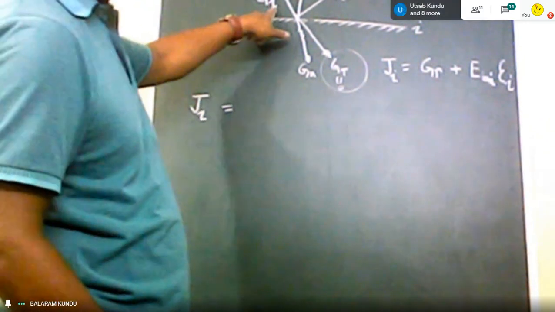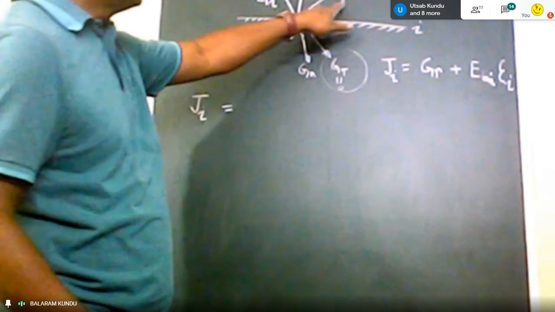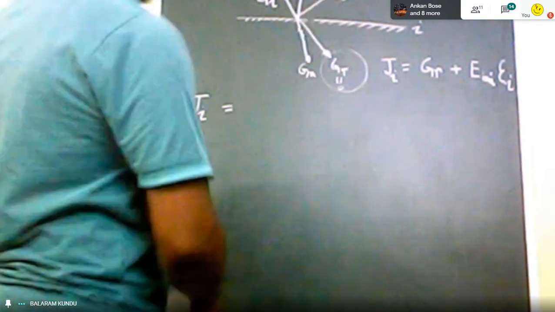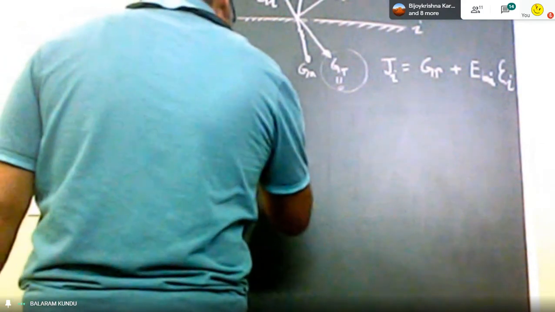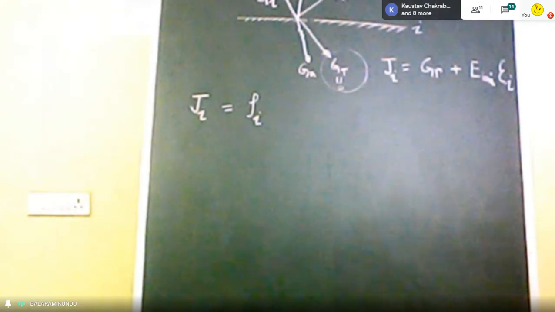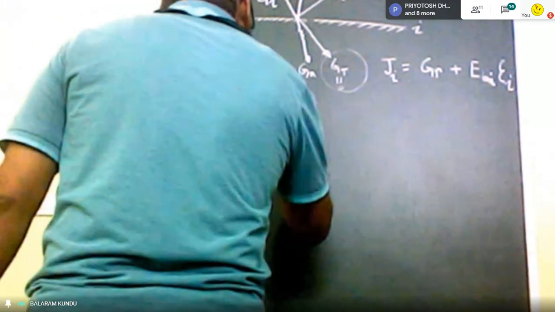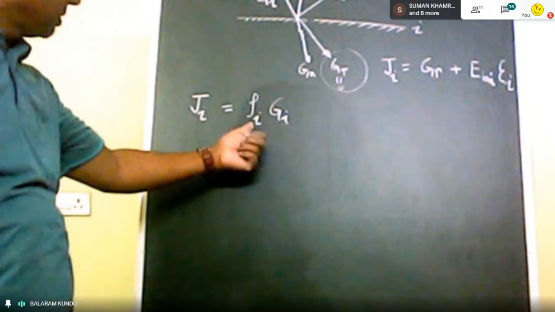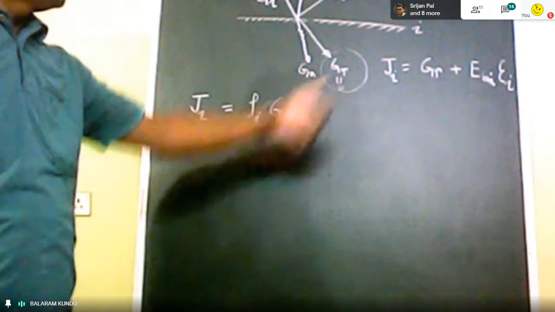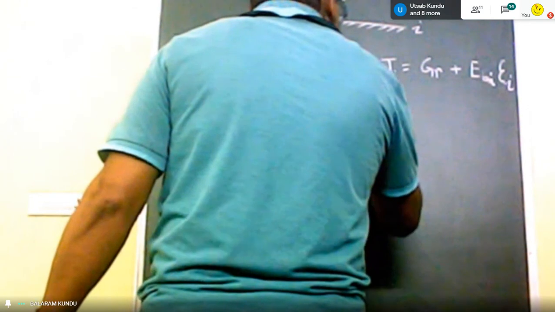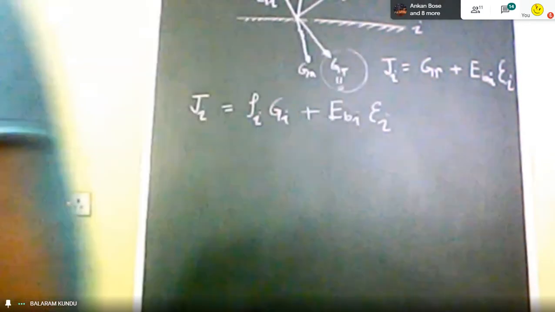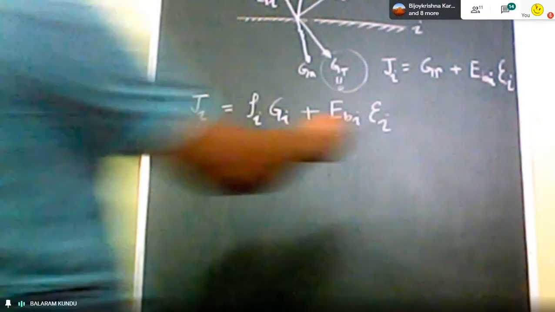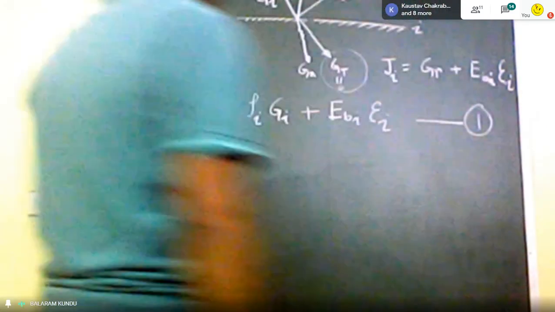So reflected flux Gr equals rho I into Gi, where rho I is the reflectivity of surface I. So reflected flux equals rho I into Gi, plus emitted flux, that is EBI into epsilon I. Okay, so this is your mathematical expression. Say this is equation 1.